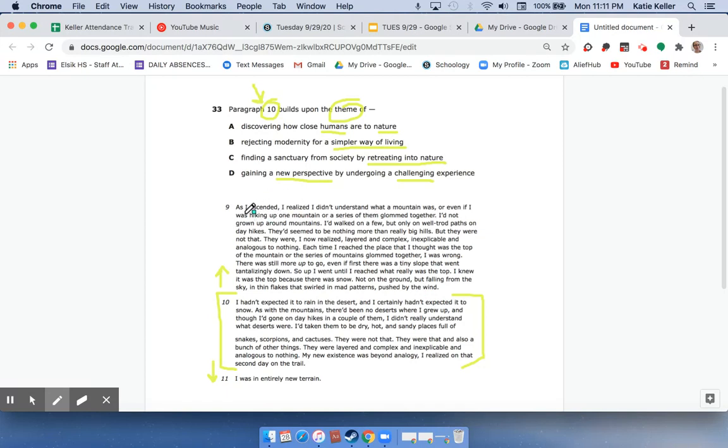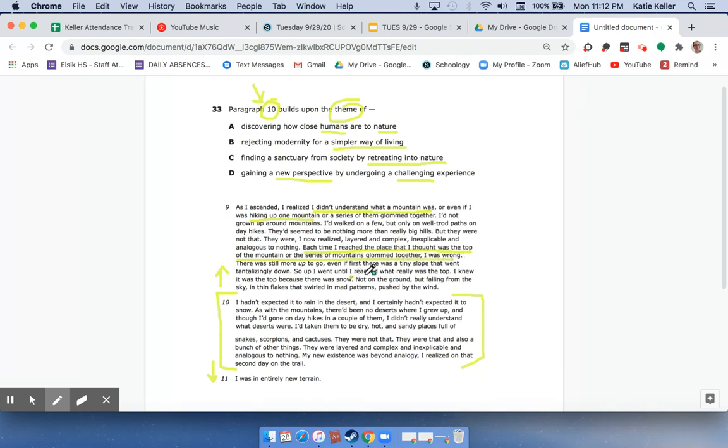So it says here that she's hiking up one mountain. That she didn't understand what a mountain was. Each time she thought that she reached the place that was the top of the mountain, she's wrong.